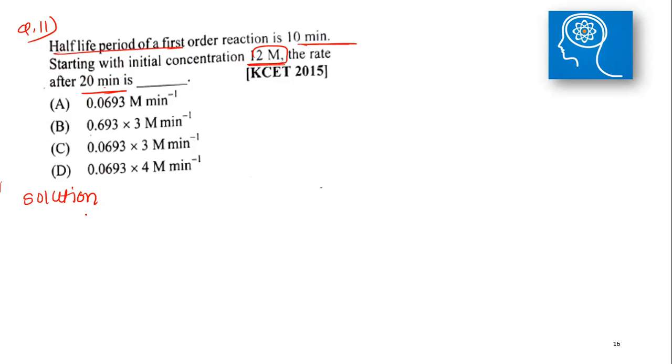So t half of the first order reaction is equal to 10 minutes given. Okay, 10 with unit. And starting with initial concentration, the rate after 20 minutes. What will we do here? Now one half life means 10 minutes, so 2 half lives means 20 minutes. So here I write 2 half lives means 20 minutes. Isn't it? This is right. 2 half lives means 20 minutes.